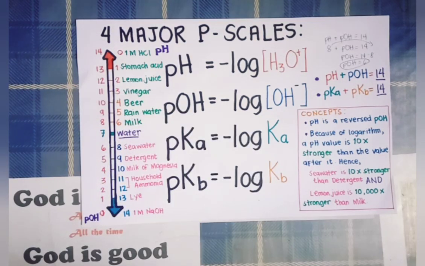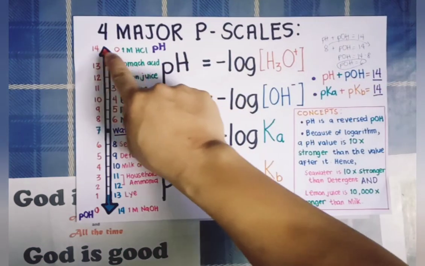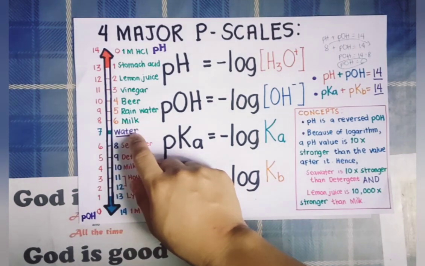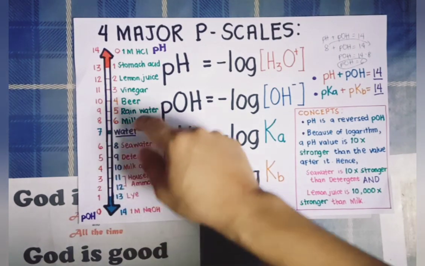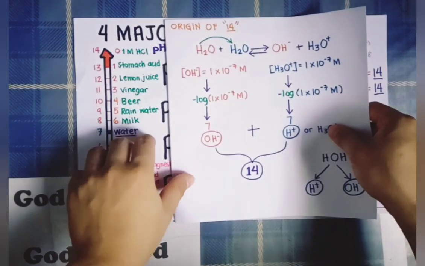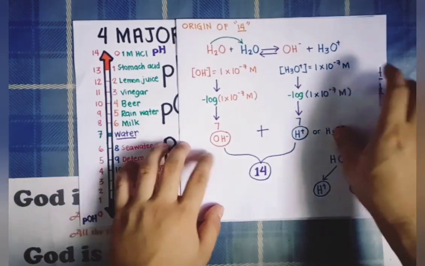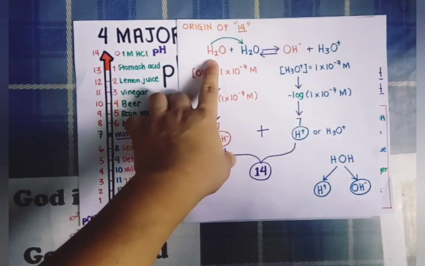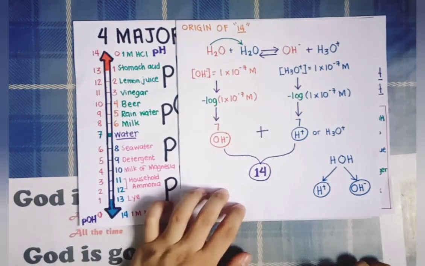Now, why are the pH, pOH, pKa, and pKb scales only up to 14? Now, that 14 here can actually be accounted for by the water molecule. Water is actually the basis of our pH and pOH scale. Now, this is actually the origin of 14 in the pH scale. Remember that, according to the Bronsted-Lowry acid-base definition, water can act both as an acid and as a base.